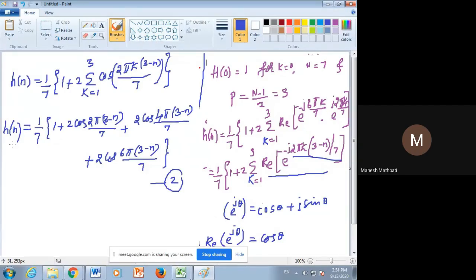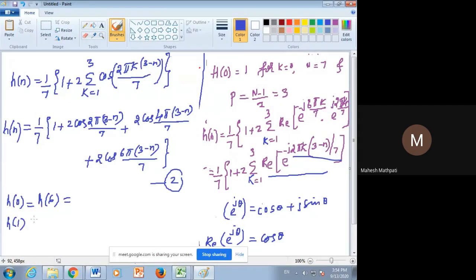So we want to calculate the value of h of 0, h of 1, h of 2 up to how many samples? Can you calculate the value now? If I want to calculate h of 0, how do we calculate that? h of 0 equals to... how are you writing its value? h of 0 is equal to h of 6, which is equals to, you can calculate these values.